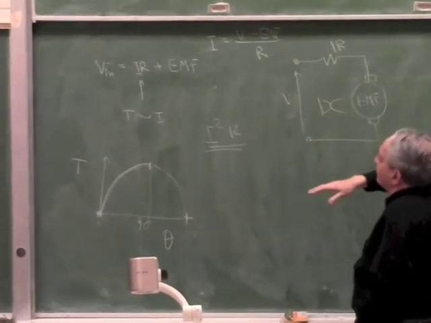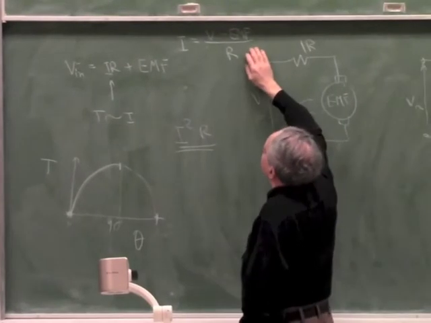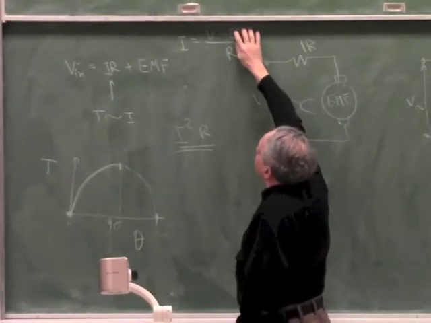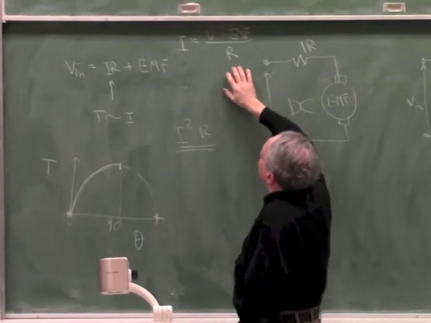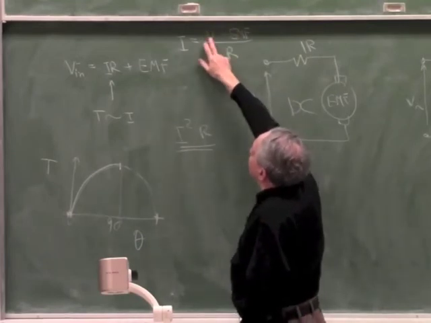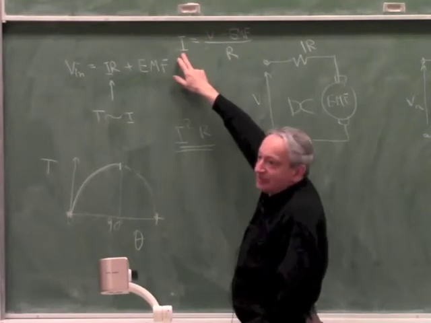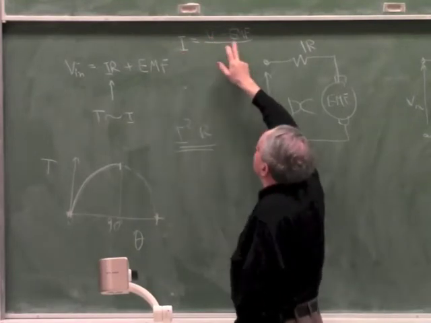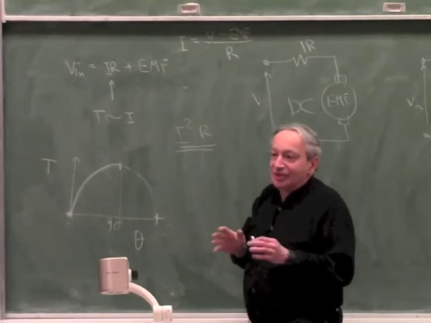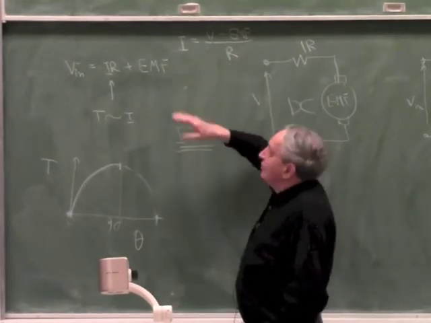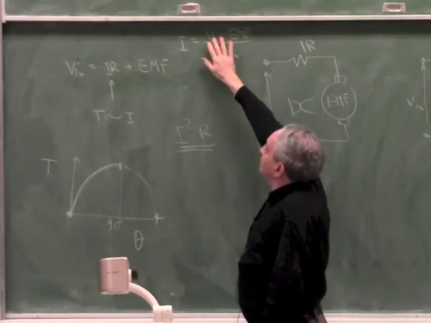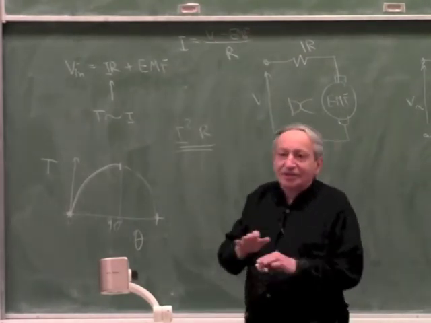So if I lower the frequency, the EMF goes down, so this number becomes bigger, so I have to make this number smaller as well to keep I constant. Basically what I want is V minus EMF to be constant, because this divided by R is the current. Okay? So if I lower the speed, this goes down, and I have to make this go down to keep I constant. Is that clear to everybody?